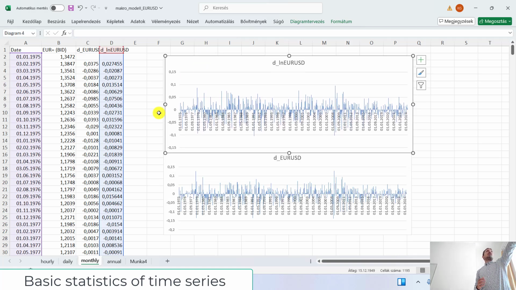It was fluctuating before, it still fluctuates, so it doesn't matter. But now, if you are adding additional currencies or other macro variables, then they will be similarly scaled.